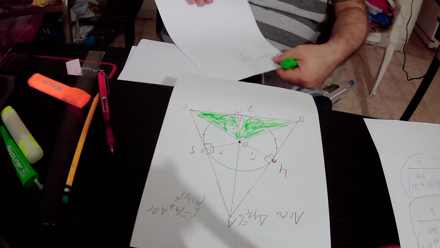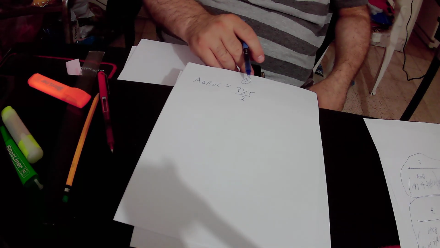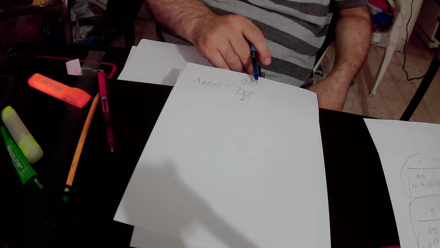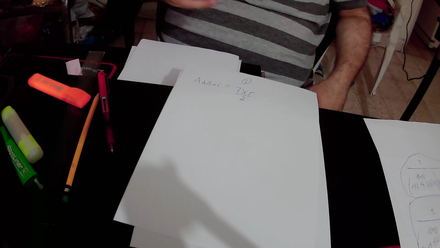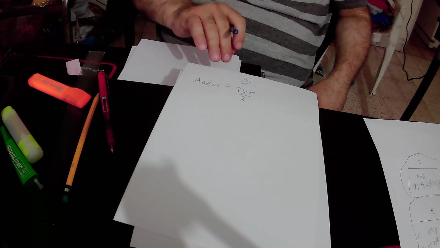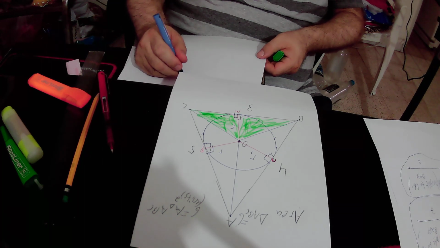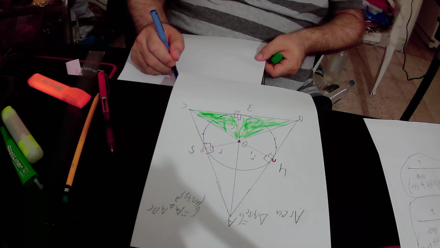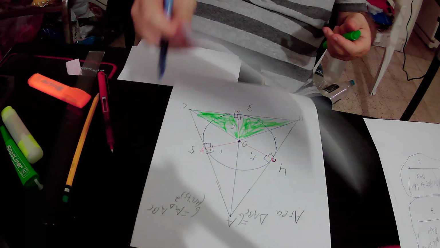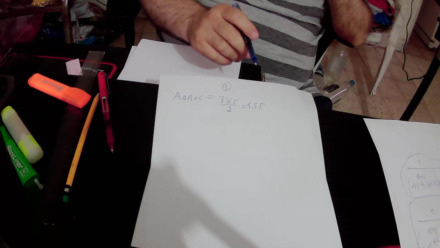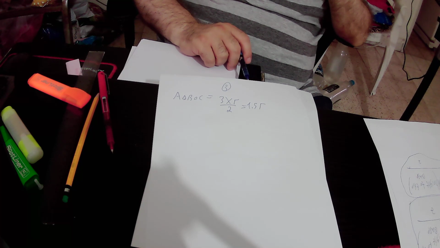Or 3 over 2 equals 1.5. So the area of the green triangle BOC equals 1.5 times the radius of the circle.